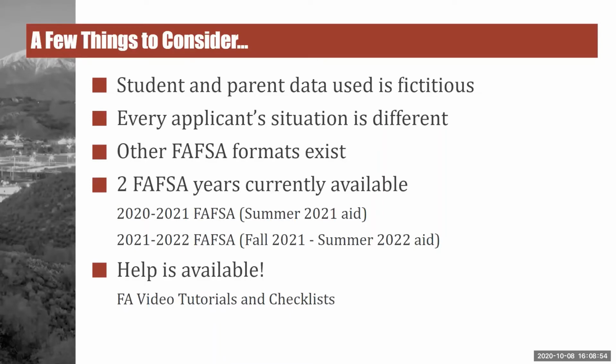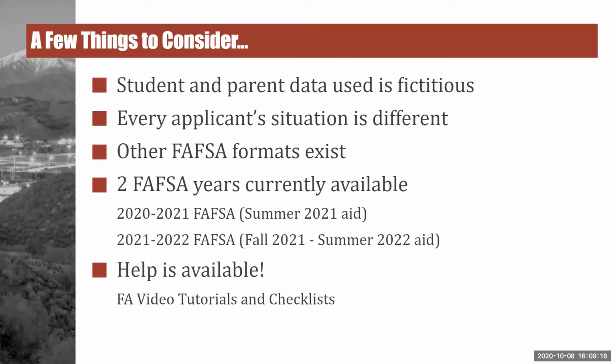Something else to consider is that we will be reviewing the online FAFSA application, or FAFSA on the web application. There are, however, other alternative FAFSA formats, such as a mobile FAFSA app called the My Student Aid app, and the paper FAFSA application, which is available as a PDF file. Please choose the format that will best suit your needs. Finally, help is available.